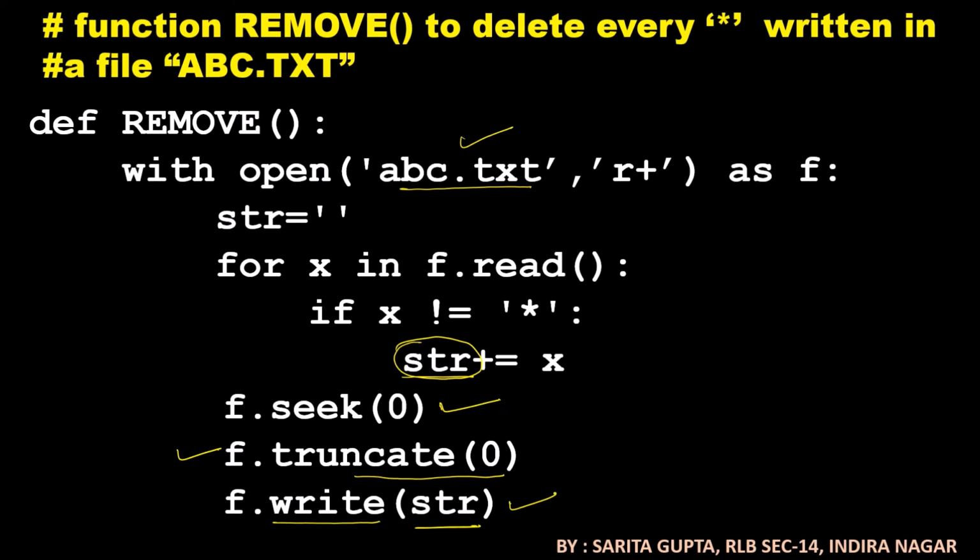Hence, all characters will not be overwritten. Thus, before writing the new file data or the data after deletion, it is necessary to truncate or destroy the previously existing contents of the file and then write from the beginning of the file, thus changing the file content so as to hold only the data after deletion.